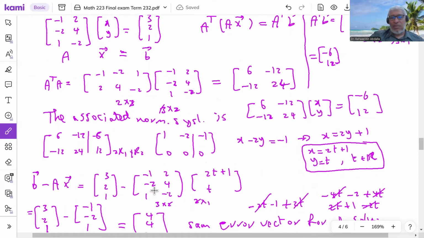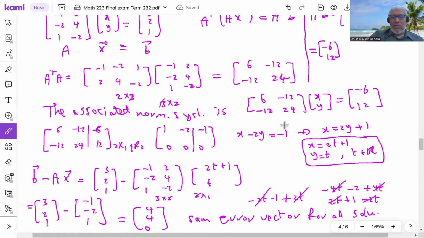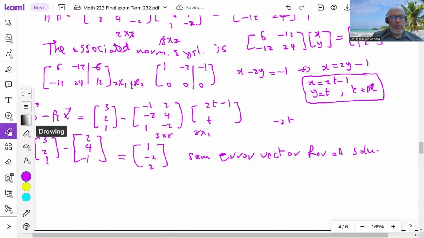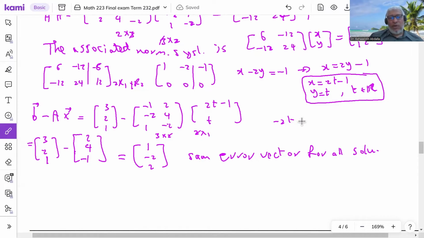Oh, there is a mistake here. This is 2y minus 1. I wrote it plus 1. So 2t minus 1. Only in calculations, but everything is fine. So let us multiply. Negative 2t plus 1 plus 2t, so these cancel and I'll get 1.